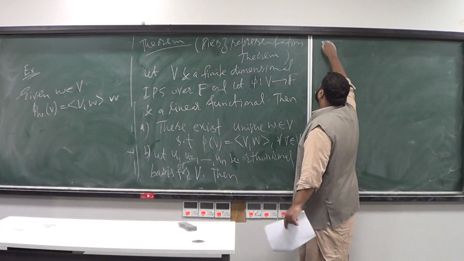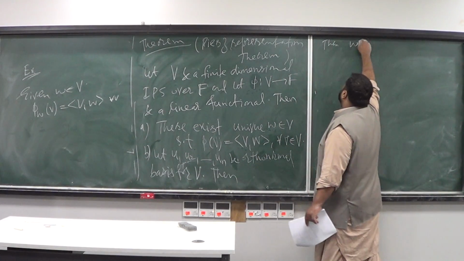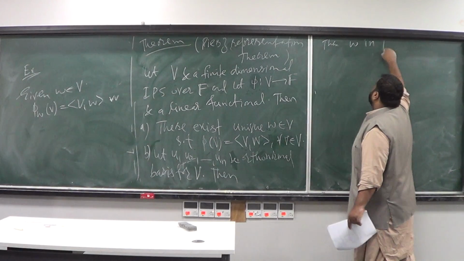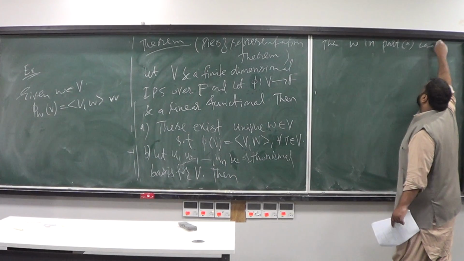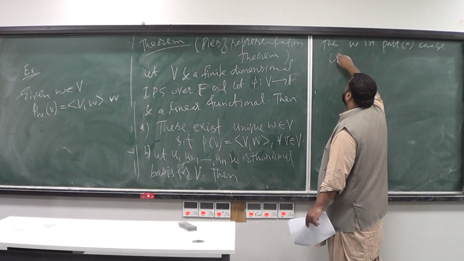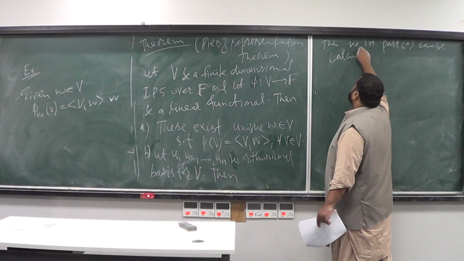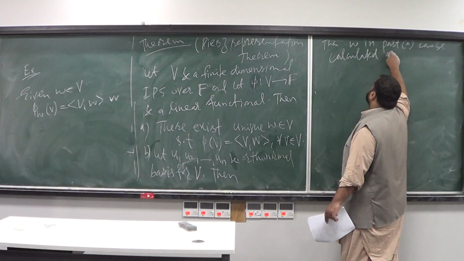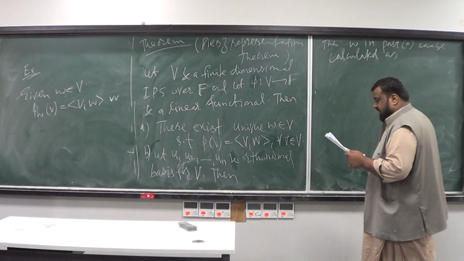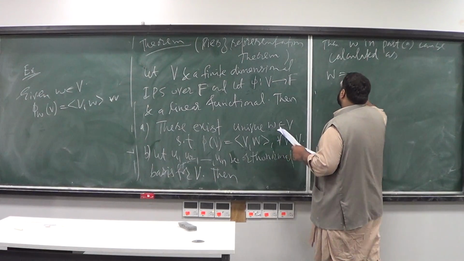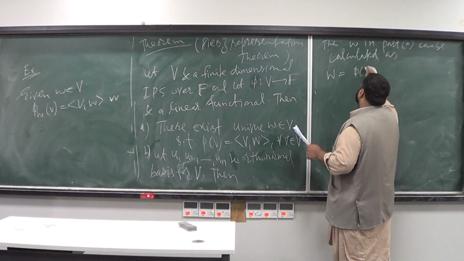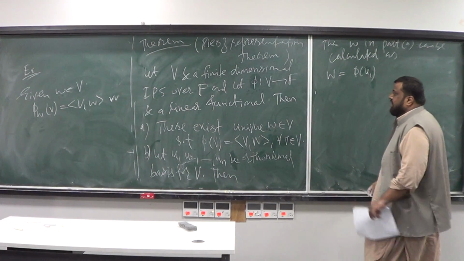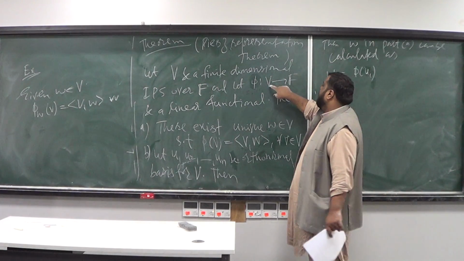Then w in part a can be calculated as what? The w is going to be: take phi of u1. Okay, so phi is mapped from here to here.